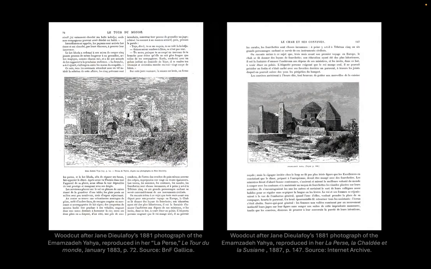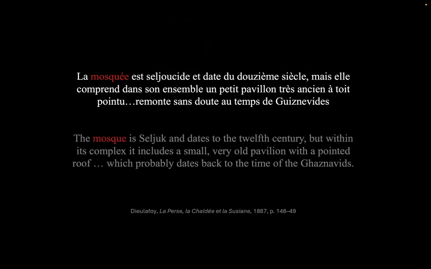A woodcut version of this photograph, along with Dieulafoy's discussion on the complex, was first published in 1883 in Le Tour du Monde and later included in her Voyage en Perse in 1887. In her published notes, Dieulafoy uses the term mosque, most likely referring to the dome chamber or the entire site.